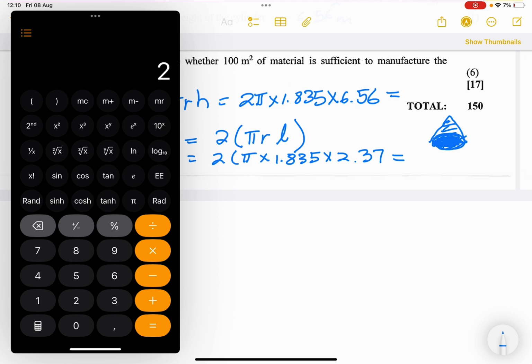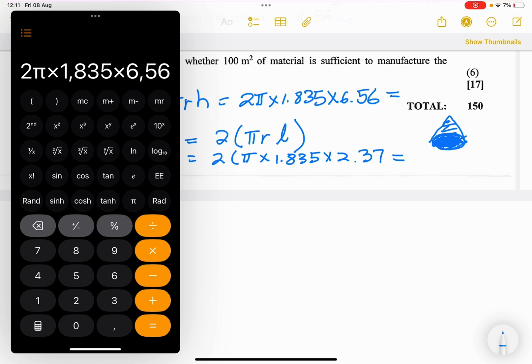We've got 2 pi multiplied by 1.835. I don't know why this calculator does this, or maybe the problem is just me. 1.835 multiplied by 6.56.